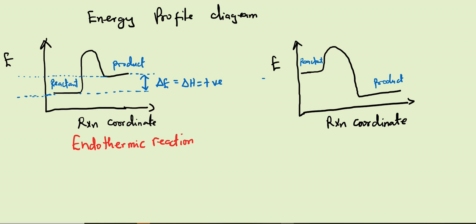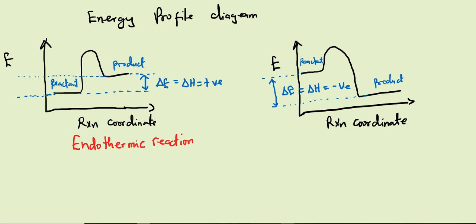In this case, the reactants are more energetic than the products. So delta E here, which is equal to delta H, will be negative.